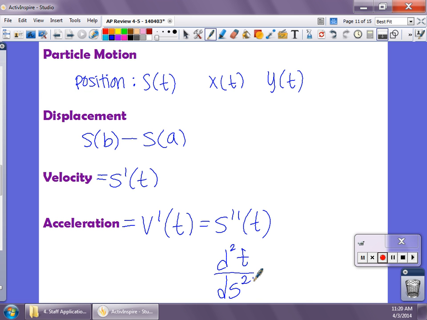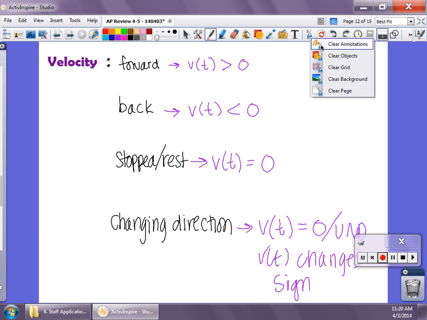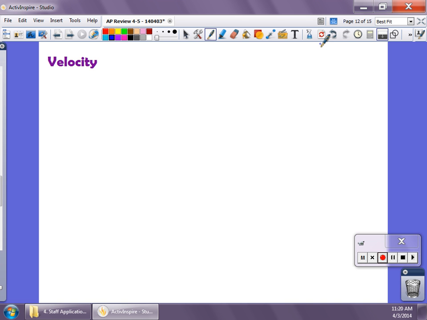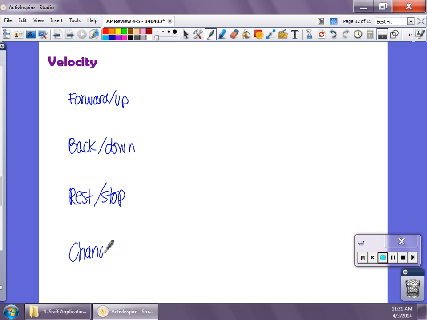That's the easy stuff. Moving forward, velocity, moving forward or up, moving backwards or down, resting or stop, and then changing directions. Those are all the things we can identify with velocity.